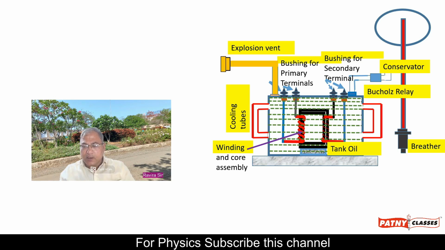Now here I would like to clarify that for simplicity I will call them small size transformers and big size transformers, or low voltage transformers and high voltage transformers. What do I mean by low voltage transformers?